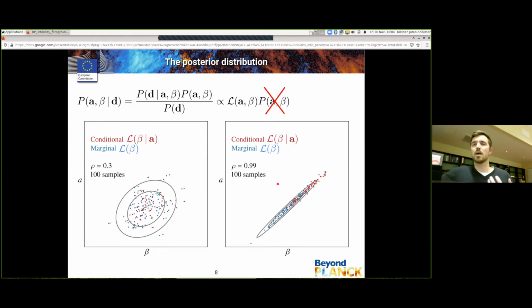It is really important to mention here that you always have to sample the marginal likelihood first, because if you first sample the conditional of A with respect to beta and then sample the marginal of beta, you lose all information that you had on the amplitude and the entire sampling breaks down.